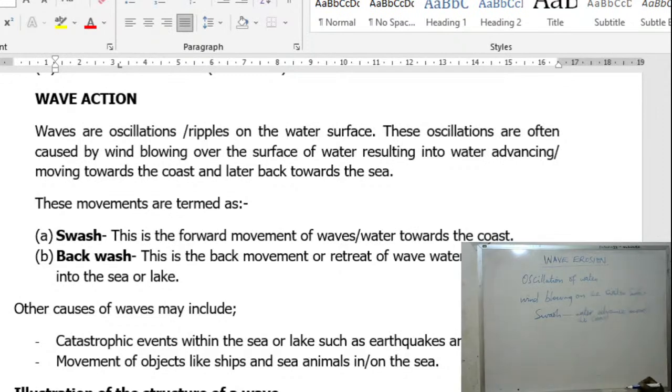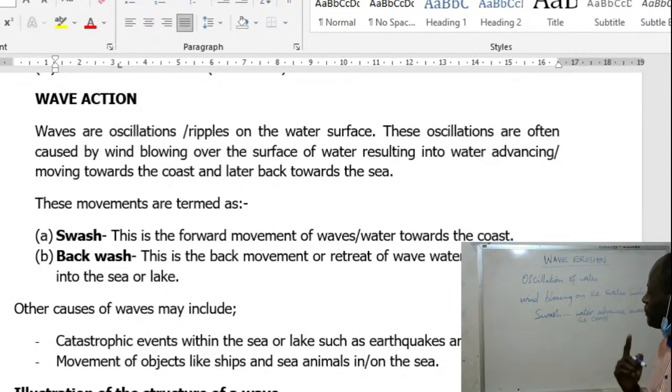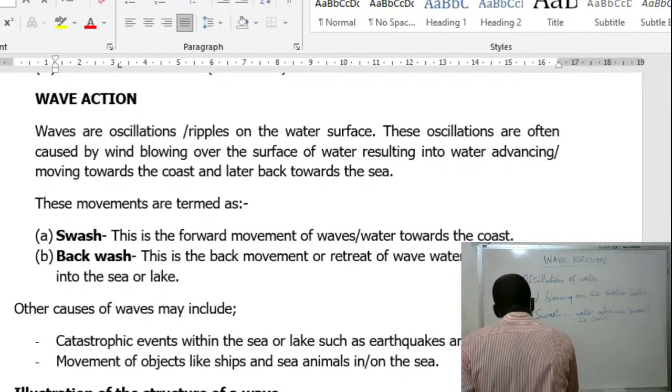And then, when the water hits the coast, it draws back into the sea. That movement of water back into the sea after hitting or knocking the coast is what we are going to call the backwash.